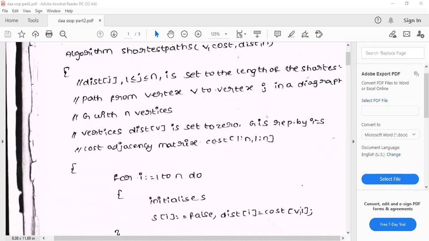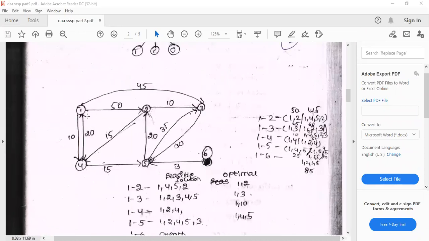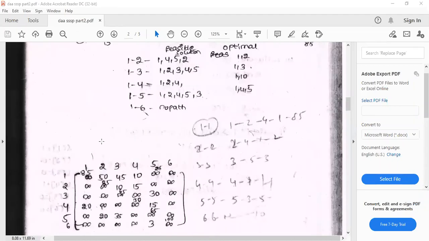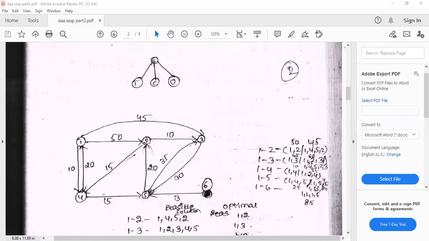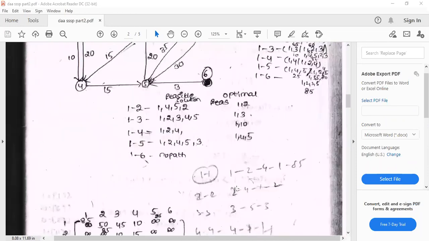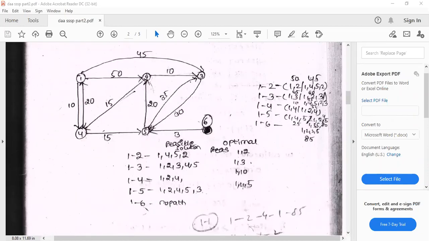So here we first represent the graph with the cost adjacency matrix. The graph is represented by the cost adjacency matrix, that is, cost of 1 comma 1, cost of 2 comma 2, cost of 3 comma 3, 4 comma 4, 5 comma 5, and so on. You can represent any non-negative number there without affecting the output of the algorithm. Suppose 1 to 2, 2 to 3, 2 to 4, and next one is 4 to 1, that is equal to 85.